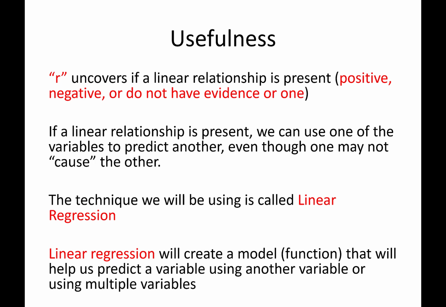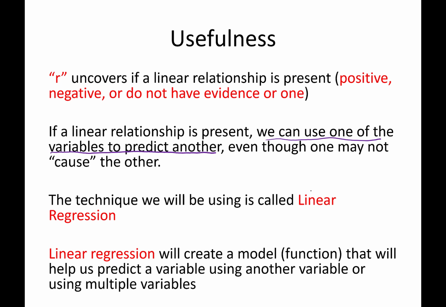We can use one variable to make a prediction of another, even though one doesn't quote unquote cause the other. This is a very important concept. Using the fact that variables are correlated will give us insight into making predictions.